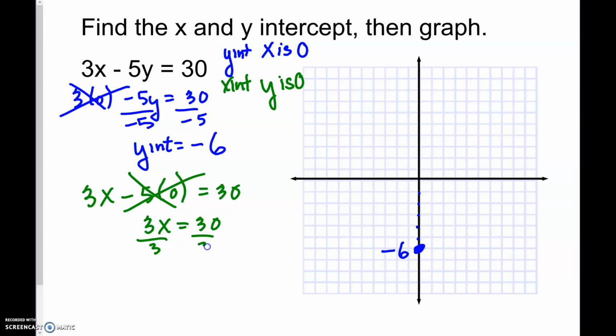Divide by 3, and x is 10. So x is 10 is right here. Once you have 2 dots, you can connect them and put arrows on the end. Okay, so that's graphing from standard form with the x and y intercept.